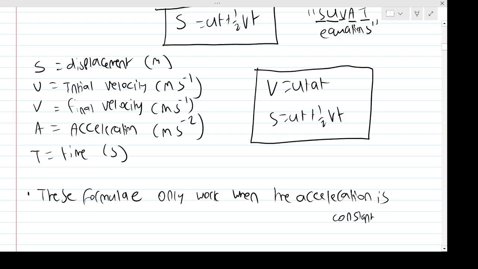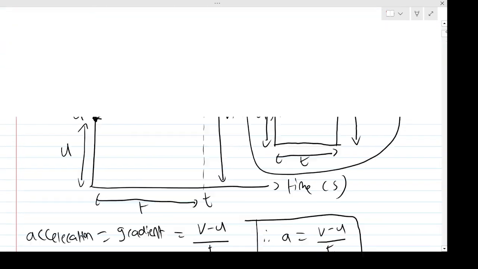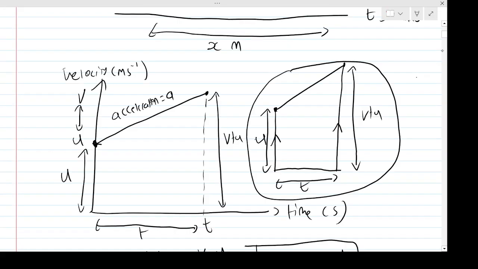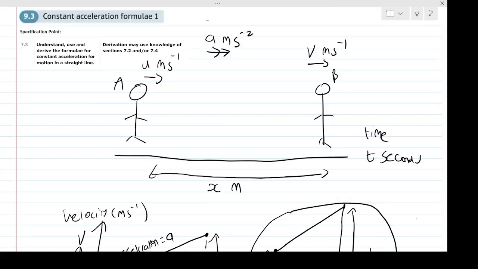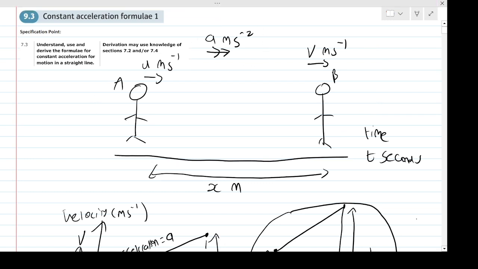Hence why this topic is called constant acceleration, because the things we'll be working with only work when the acceleration is constant. Which means if we go back to our example here, the acceleration of the person walking from point A to point B, the acceleration is always the same. Acceleration will be fixed, okay?